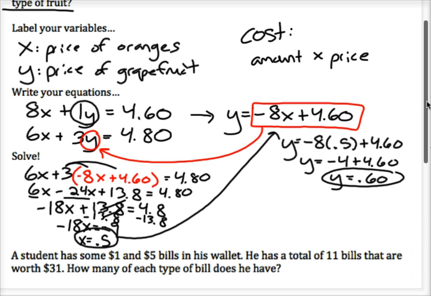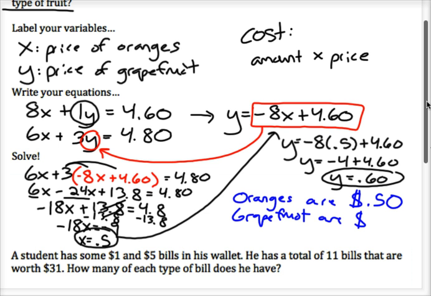Now, for these word problems, I don't want you to just leave the word problems, all right? Don't just leave x and y. The question was, how much did each cost? So I want you to actually answer the question in context. So the oranges are 50 cents, and the grapefruit are 60 cents.